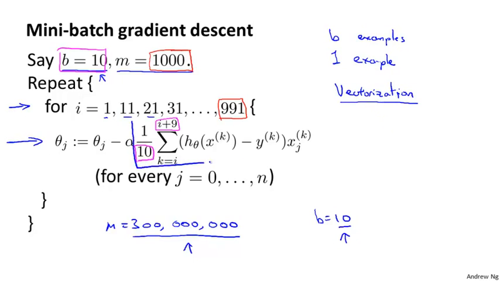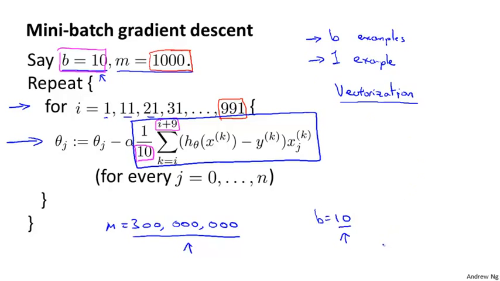In that case, this sum over 10 examples can be performed in a more vectorized way, which will allow you to partially parallelize your computation over the 10 examples. So in other words, by using appropriate vectorization to compute the derivative terms, you can sometimes partially use the good numerical linear algebra libraries to parallelize your gradient computations over the b examples. Whereas if you were looking at just a single example at a time with stochastic gradient descent, there isn't much to parallelize over, or at least there's less to parallelize over.